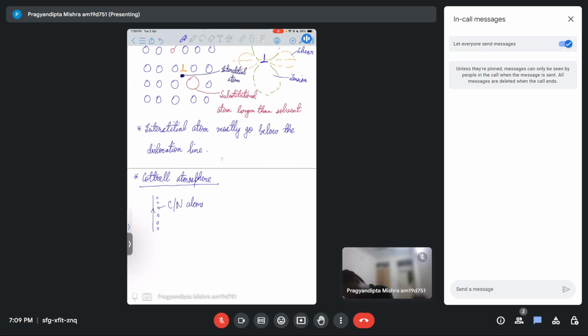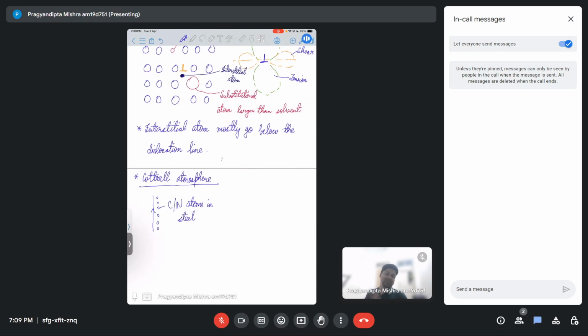Let's take a specific example in steel, because this is most commonly observed in steel only. So these carbon or nitrogen atoms in steel will go and sit around the dislocation. Okay, and since these are interstitial atoms, not substitutional atoms, they will go and sit below the dislocation line.